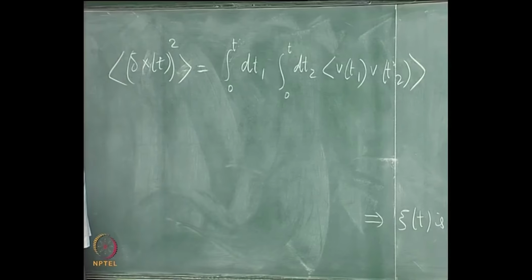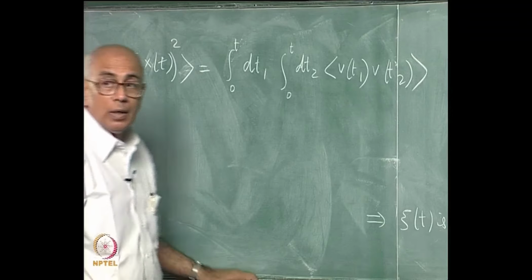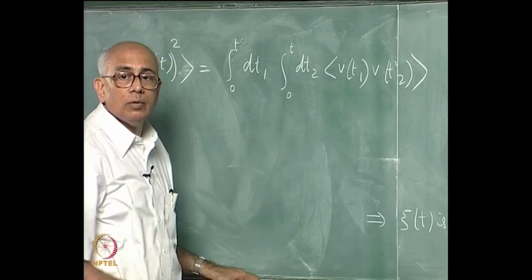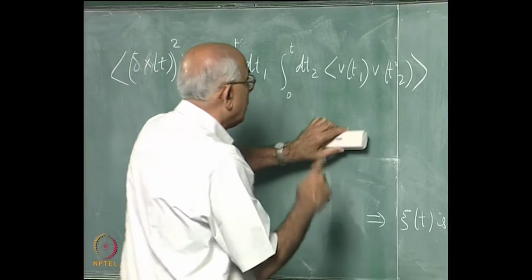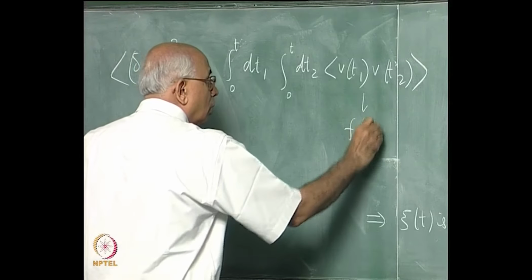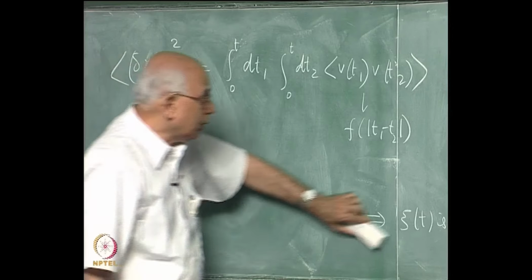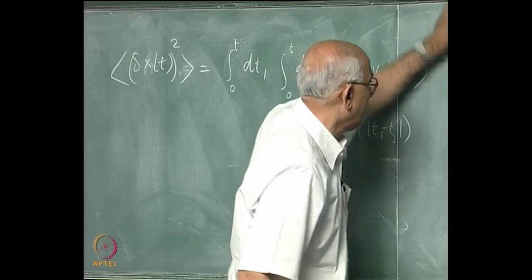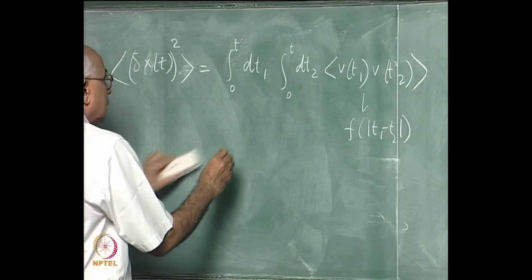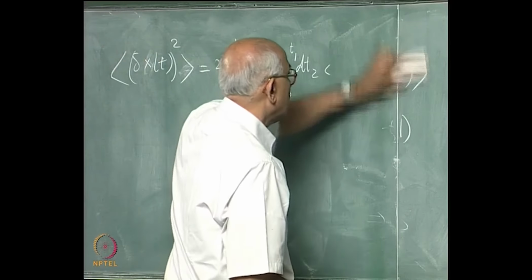If the velocity is stationary in equilibrium, in other words the energy does not change at all and everything is in thermal equilibrium, then independent of the form of this quantity, I could simplify this whole thing. This is a symmetric function, so it is a function of mod t1 minus t2. So the first step is to write it as twice the integral from 0 to this, and write it as f of t1 minus t2.